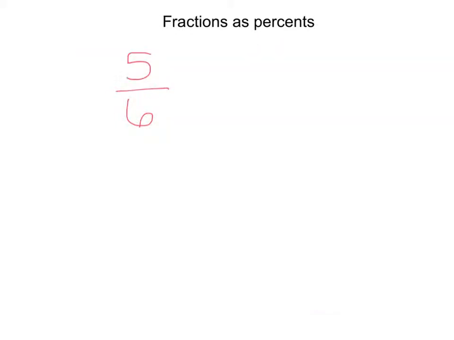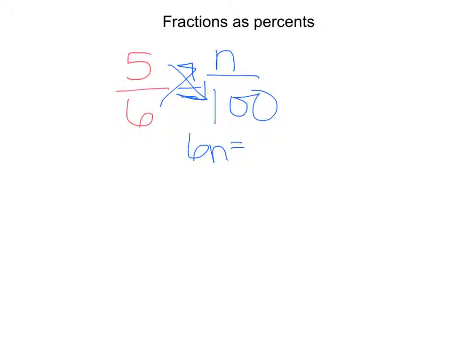Pause the video to turn this fraction into a percent. We will look at both ways of doing this one. We will first set it to n over 100. You cross multiply and you get 6n equals 500.